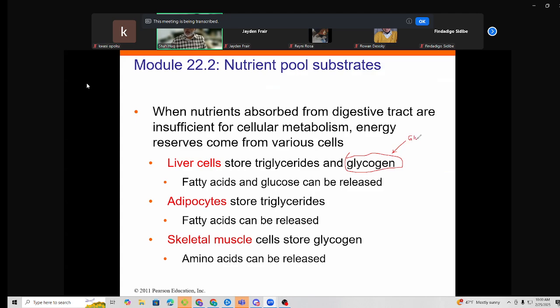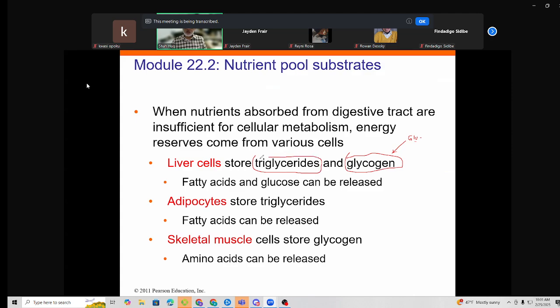When we have a surplus of glucose after making the energy, because we eat lots of carbohydrate beyond the requirement of the body, these extra glucoses combine again and make glycogen. This glycogen is stored mostly in the liver cells, but we also have it in the skeletal muscle cells. And the liver also stores triglycerides.